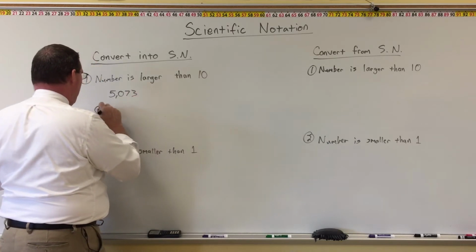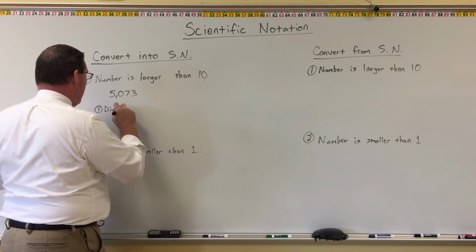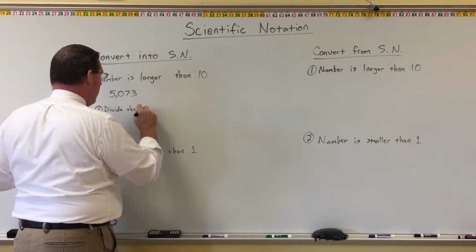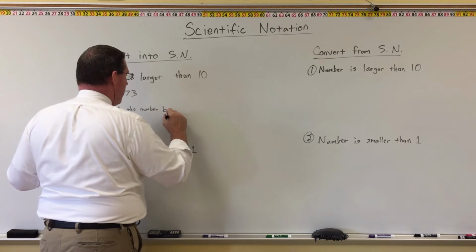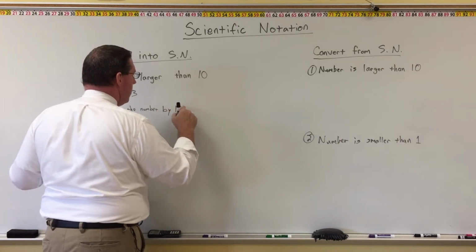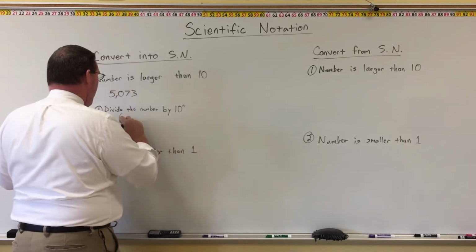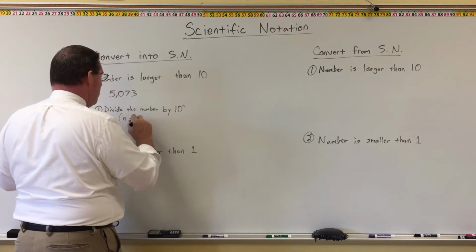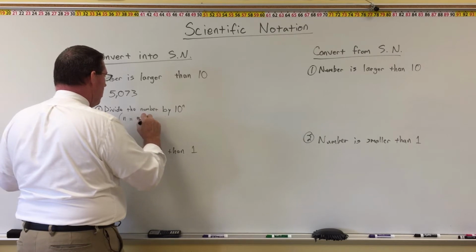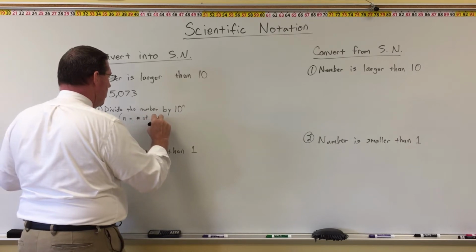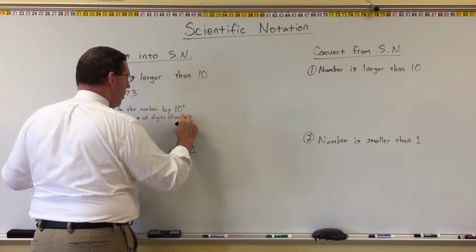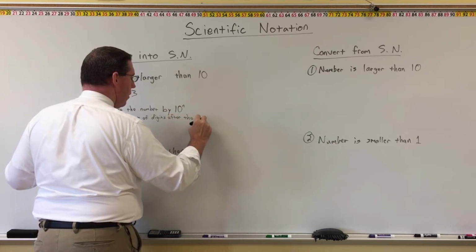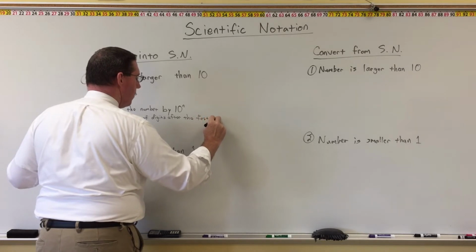Okay, so step one, divide the number by 10 to the power of n, where n is equal to the number of digits after the first digit. Okay?